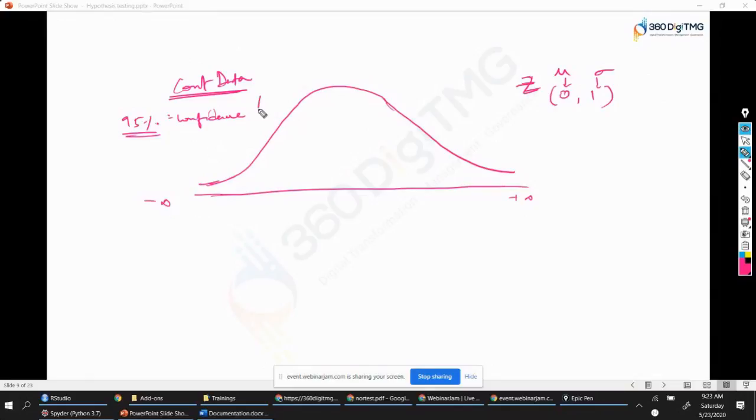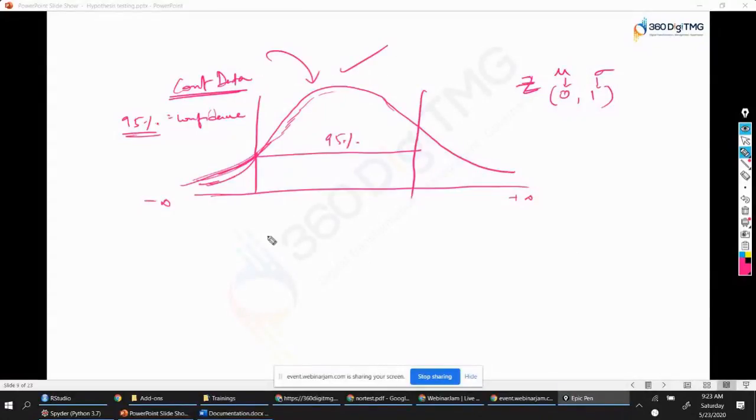So we are drawing these limits. Assume it is symmetric. We are saying that 95% of the time I'm right in treating that the data will fall here, which is accepted.